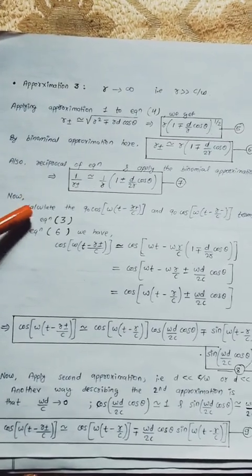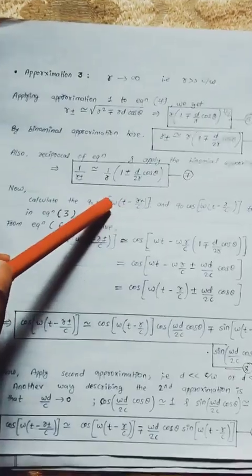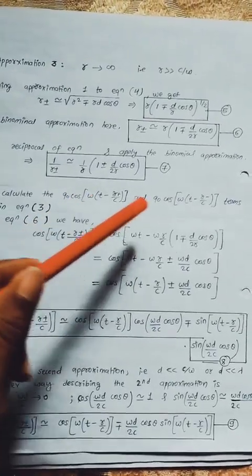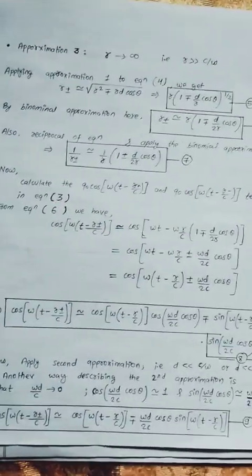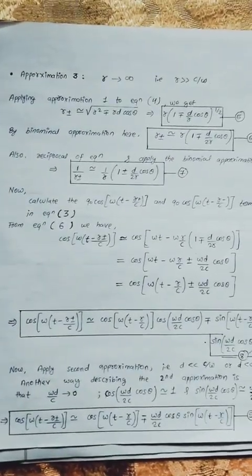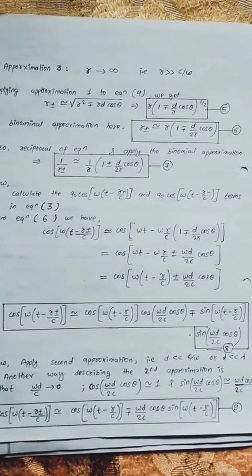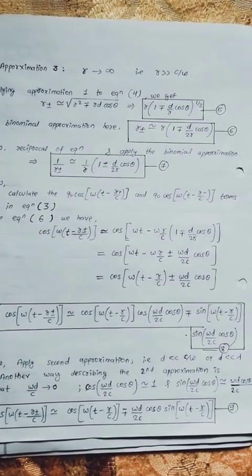Now calculate these two terms for positive q charge and negative q charge in equation 3. Now in equation 6 we have cos of omega t minus r by c.